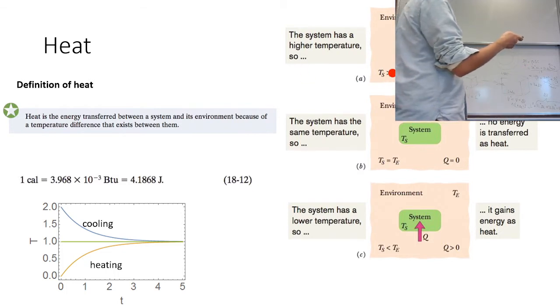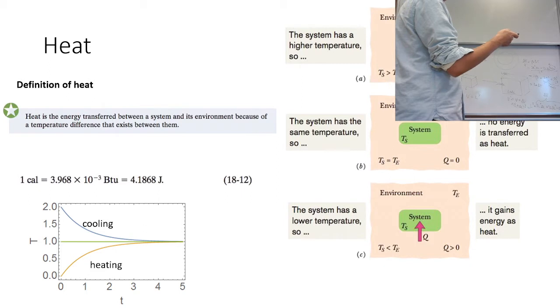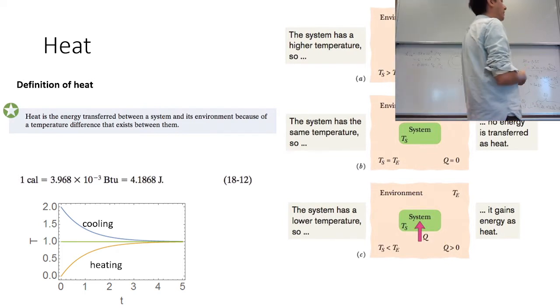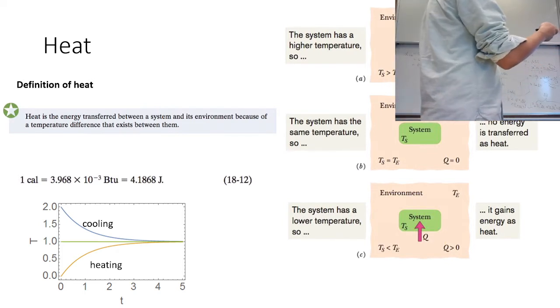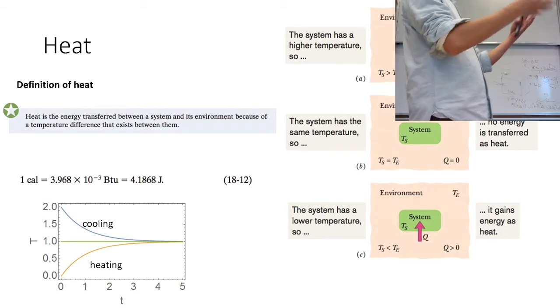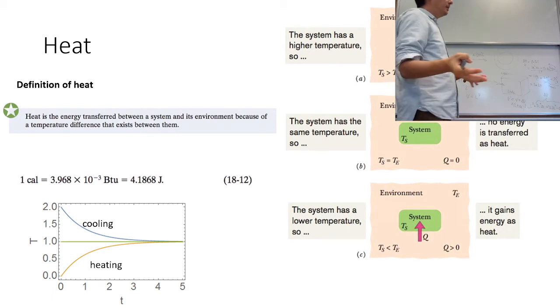So the way we think about heat is that we have some system, say it's cooling down, then energy is going to be leaving the system and going elsewhere, in this case the environment. And the temperature of the system is going to go down. This basically happens because the system will have a higher temperature than the environment.